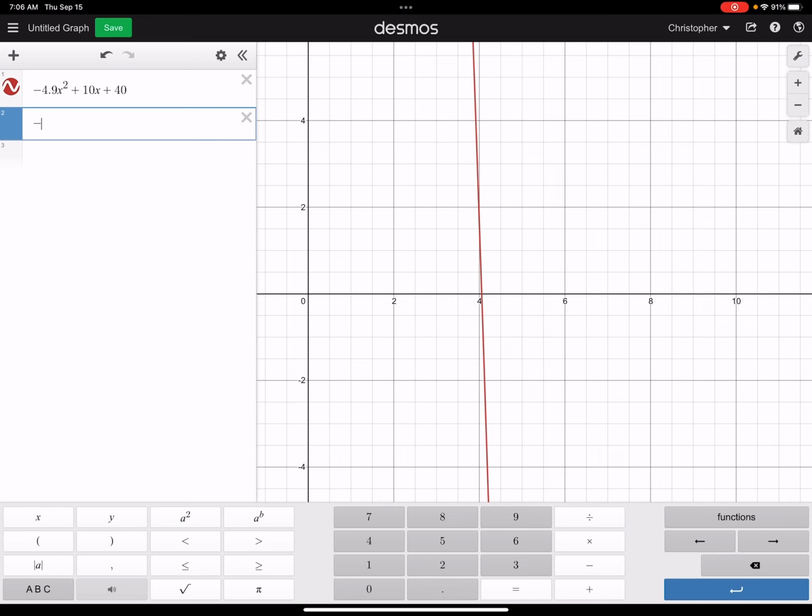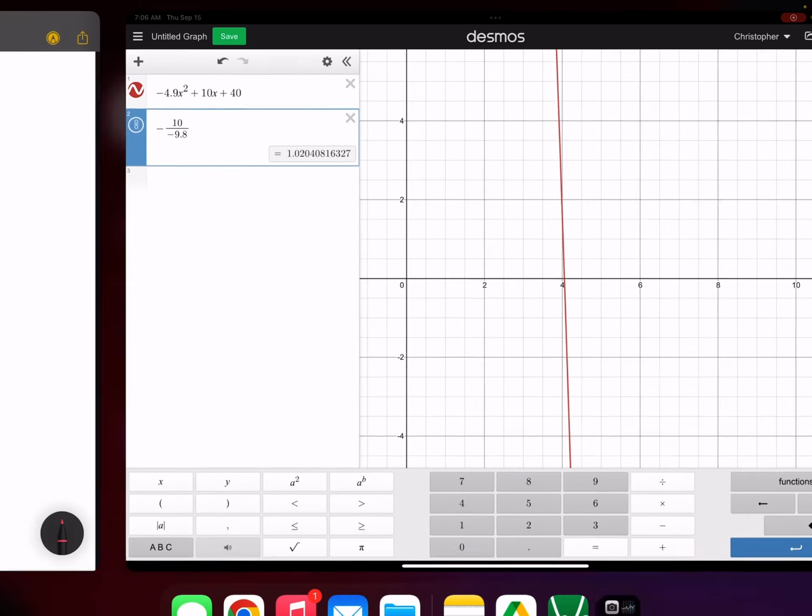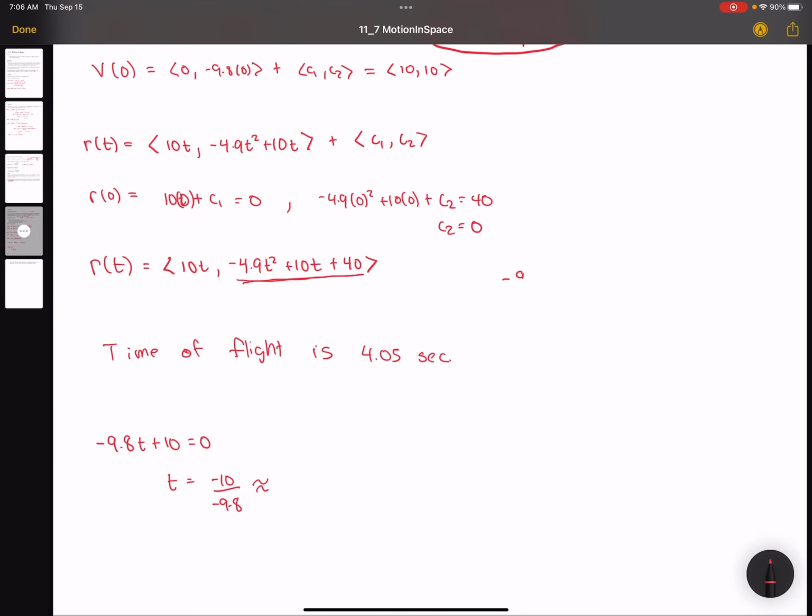Negative 10 divided by negative 9.8 is 1.02. So t equals 1.02.